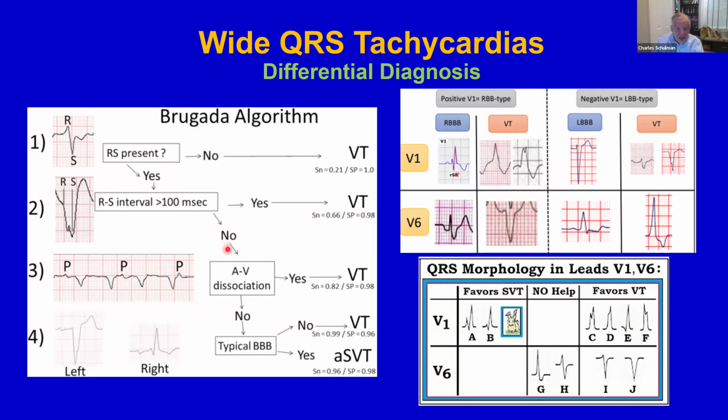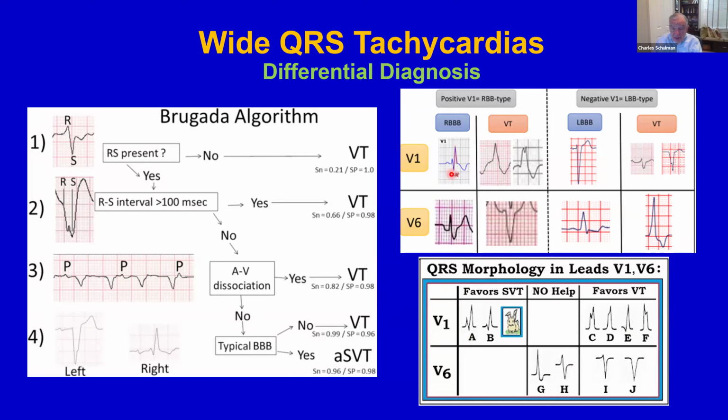If that's not the case, look for AV dissociation. If you find AV dissociation, that's VT. If you don't, look at the morphology. And so we can look at morphology in a number of settings. Here is a typical example. Okay, so look in lead V1.